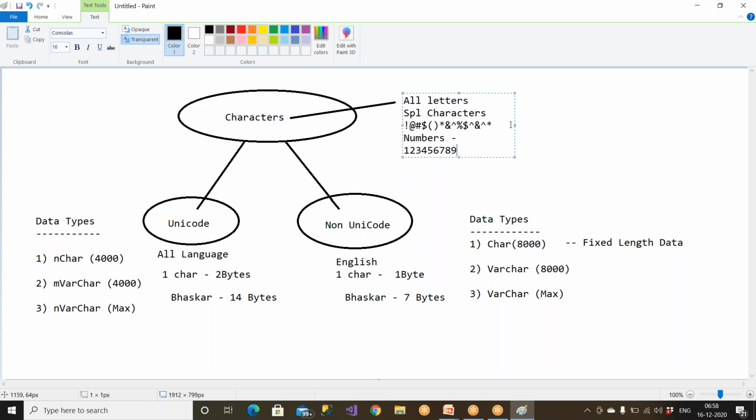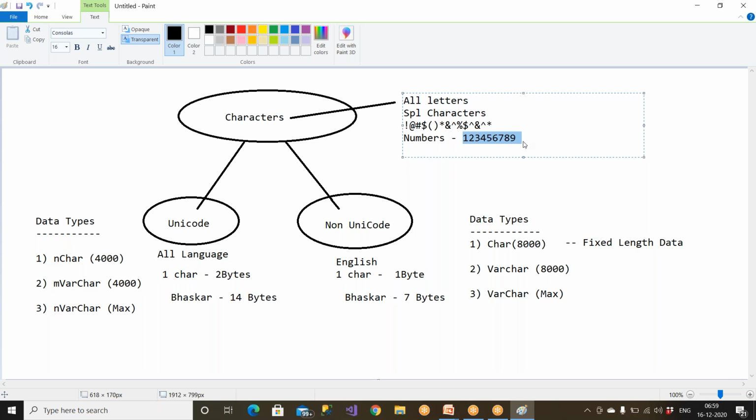All these are character data only. Remember this. Clear? All letters of English, Chinese, whatever you have, all languages, are taken as characters only. Special characters and space are also treated as characters only. Even the numbers are treated as characters only.